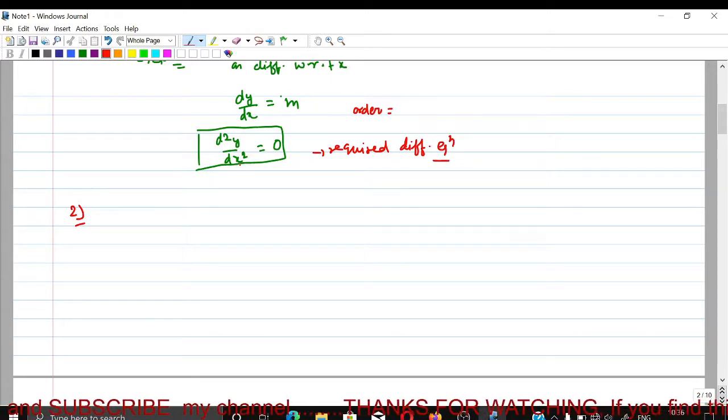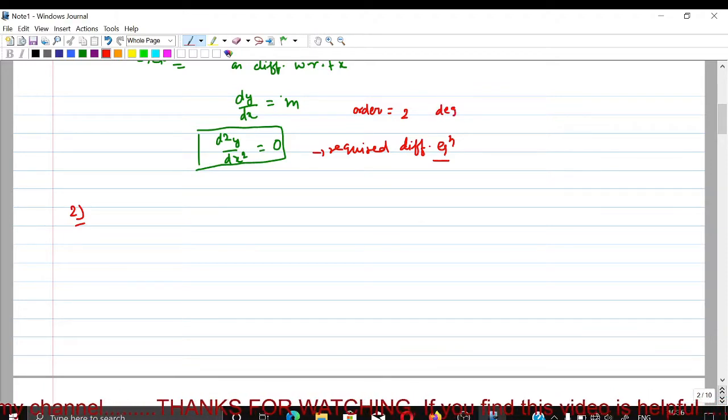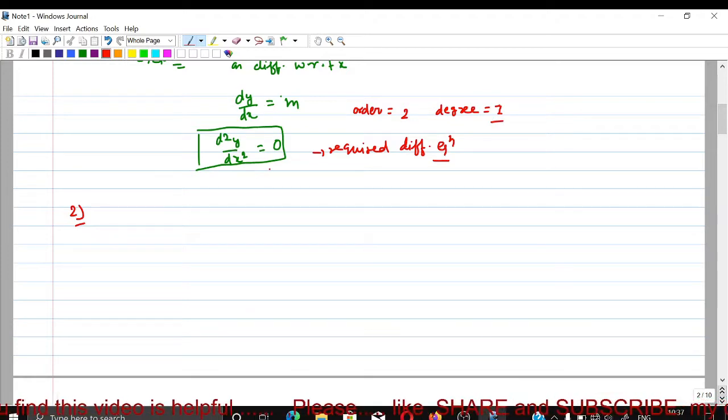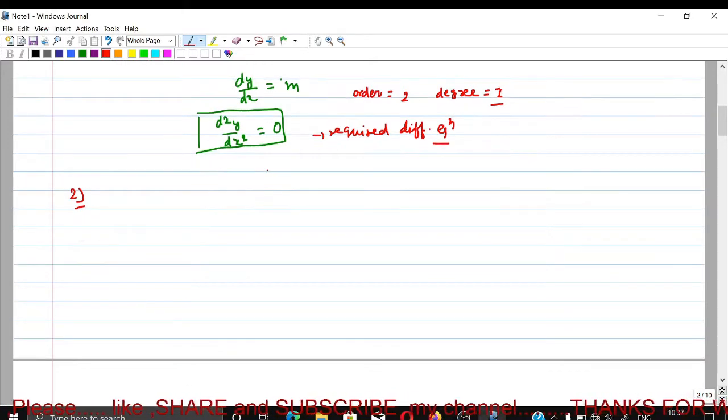Here is a second order derivative, it means order equal to 2, and degree, the power of the highest order differential coefficient, here the power is 1. So the order and degree of this given differential equation are 2 and 1.